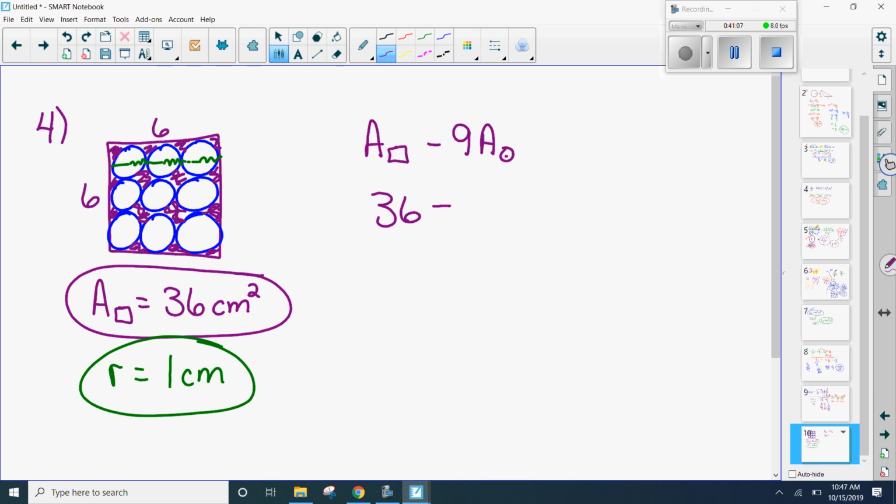If the radius is 1, what's the area of one circle? The area of a circle is pi r squared, which is pi times 1 squared, which is just 1. So the area of one circle is 1 pi. How many of those circles do you have? 9. You have to subtract 9 of those.